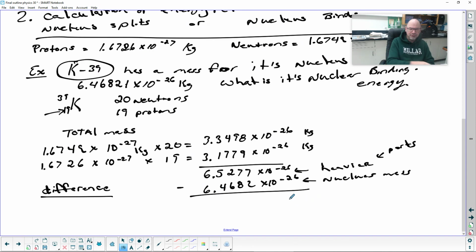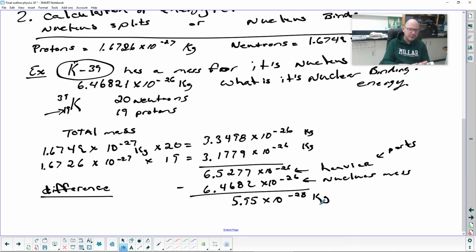Okay, so now we're going to take that difference. So we take 6.5277 times 10 to the negative 26 minus 6.4682 times 10 to the negative 26, and we're left with 5.95 times 10 to the negative 28 kilograms.